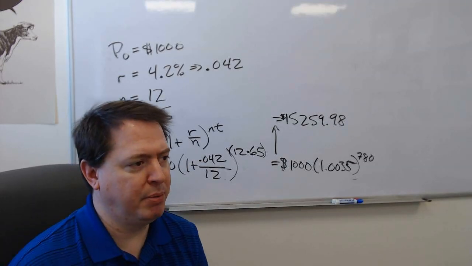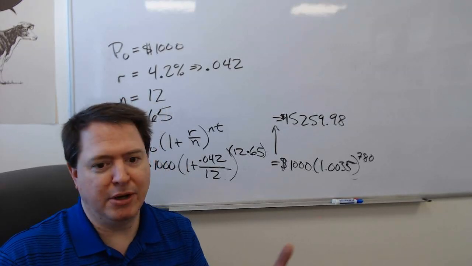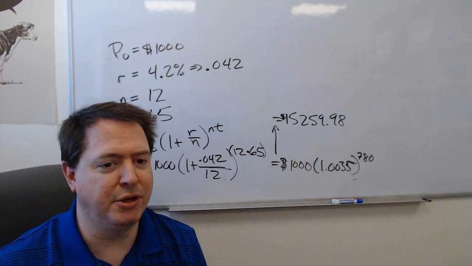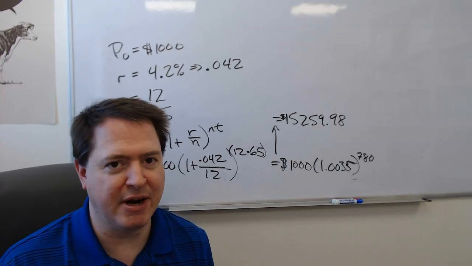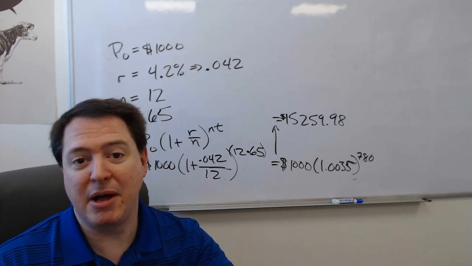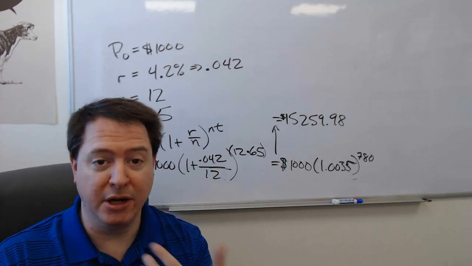Or if you're putting money into your retirement account, you would put $200, or whatever the number is, each month. You would not just dump a bunch in there and forget it ever happened. Those things where you put in a set amount of money periodically for a long period of time are called annuities.